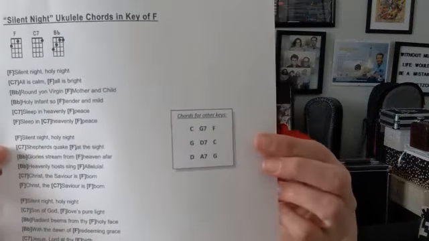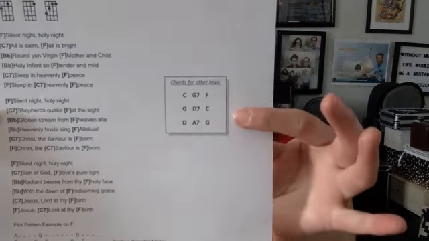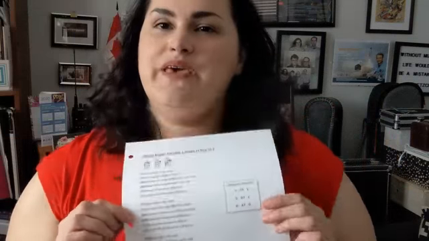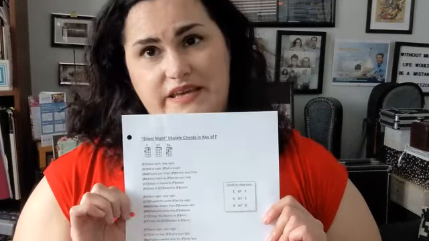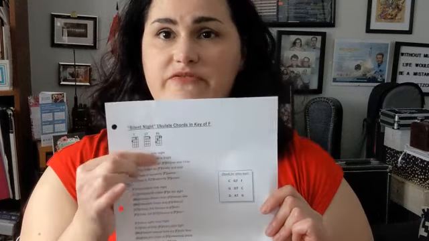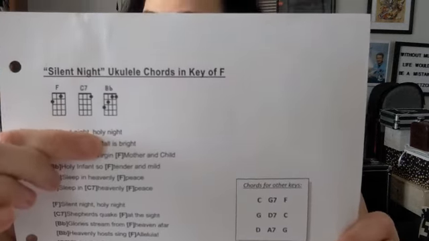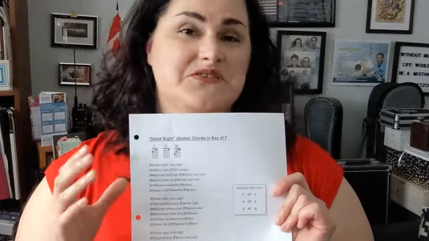So just a note about this other version here. As you'll see, I have included chords for other keys because F is not for everybody, and certainly that B flat chord is not for everybody either. I struggle with it sometimes when it comes to finger picking.